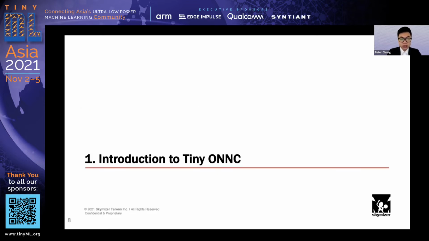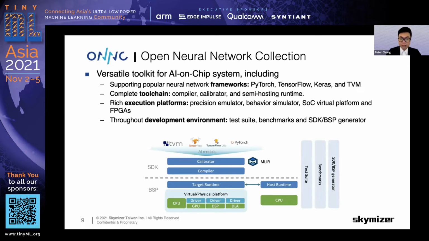Okay, first, an introduction to Tiny ONNC. Before that, I have to introduce ONNC. ONNC is an Open Neural Network Compiler, provided by Skymizer, and it's also an open source project. It provides a versatile toolkit for AI on-chip systems. We support various neural network frameworks like PyTorch, TensorFlow, TVM, even Keras.